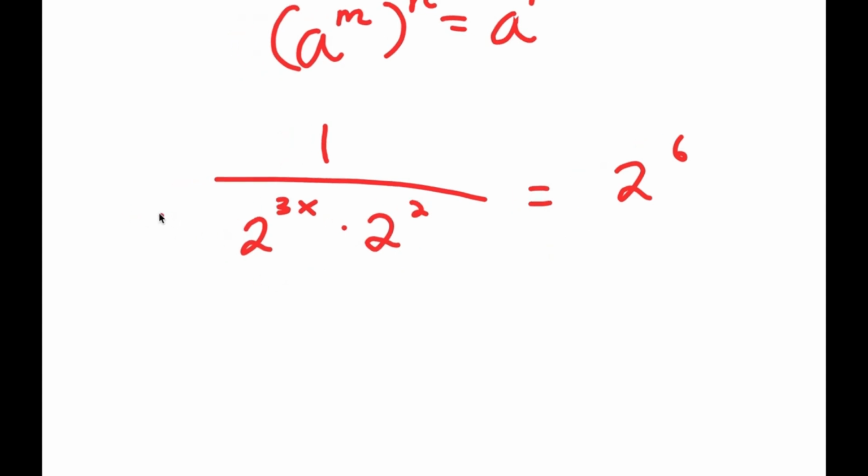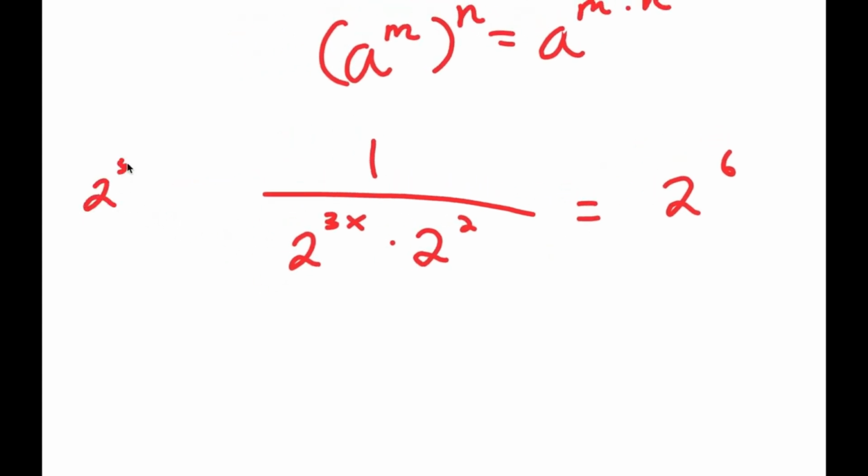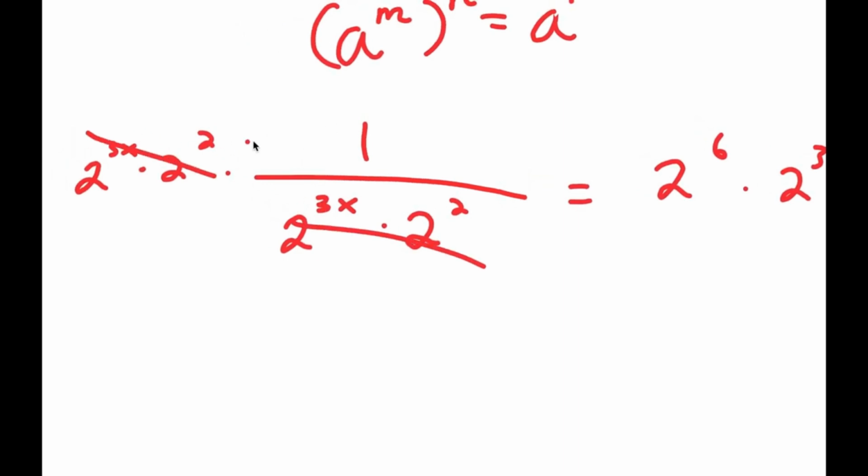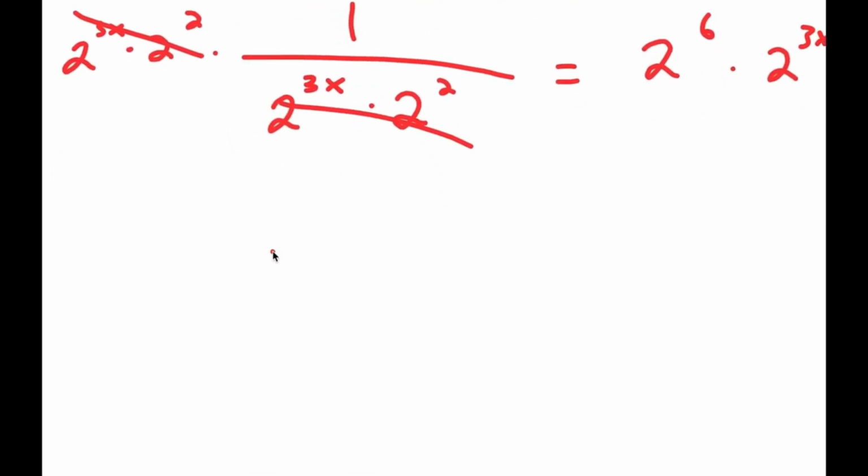Now I can multiply both sides by 2 to the power of 3x times 2 squared. So these 4 terms cancel out, and I'm left with 2 to the power of 6 times 2 to the power of 3x times 2 squared is equal to 1.